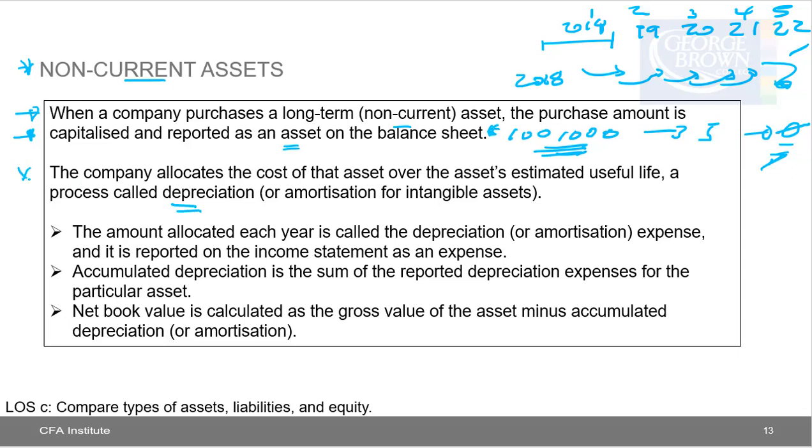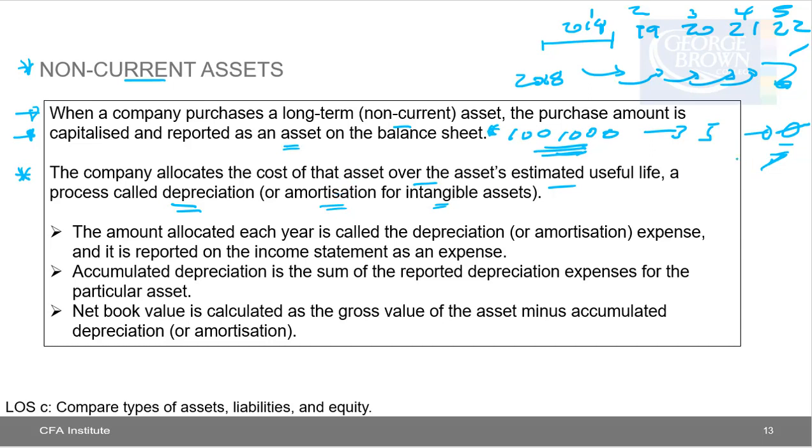So the company allocates the cost of that asset over the asset's estimated useful life, and that's a process called depreciation, or amortization for intangible assets. So if you hear the terms depreciation, amortization, it's really the same process, but depreciation is for tangible assets and amortization is for intangibles, okay?